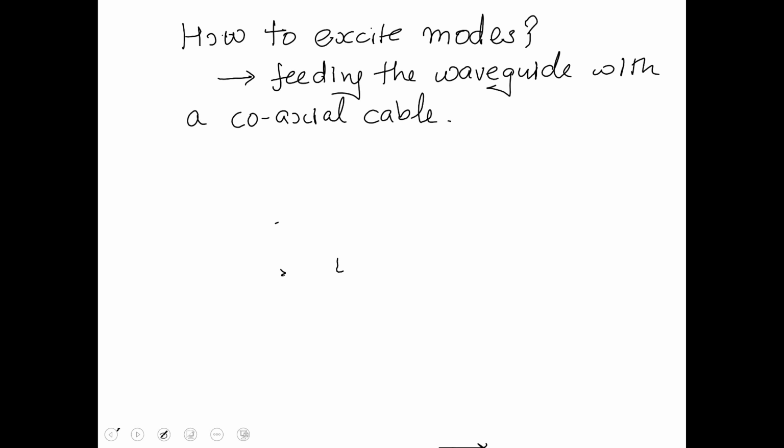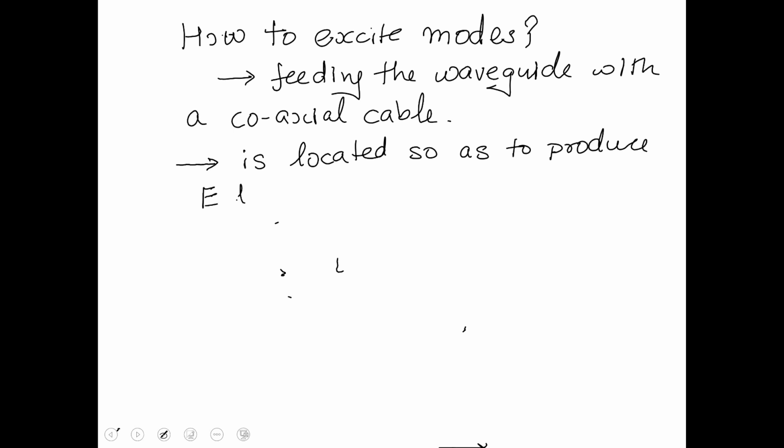What normally you do is that the inner conductor of the cable is located so as to produce E and H fields which are nearly parallel.